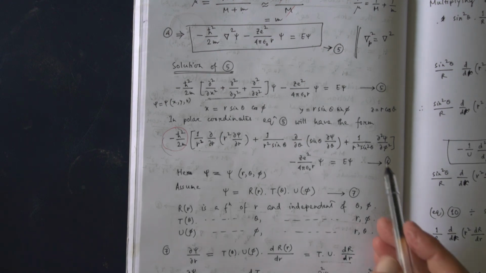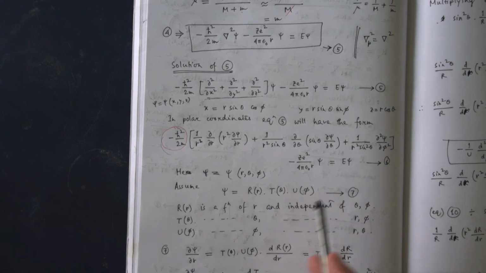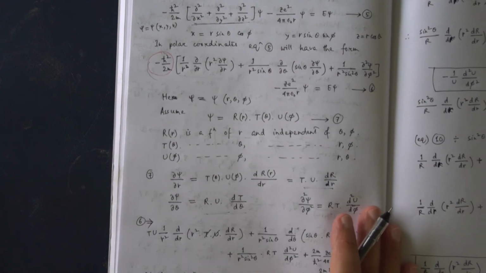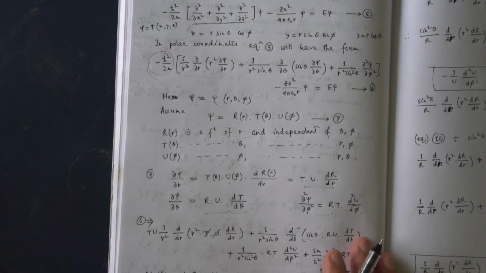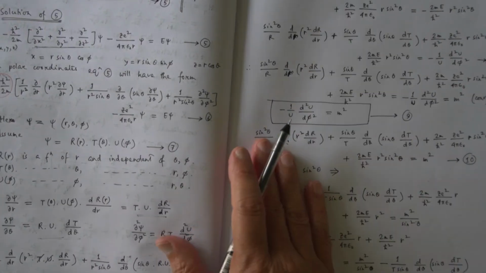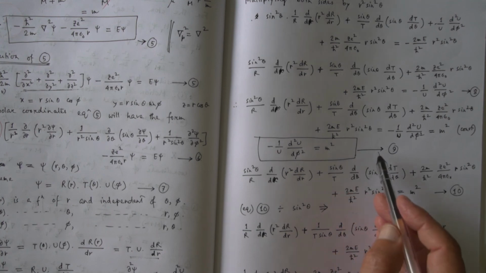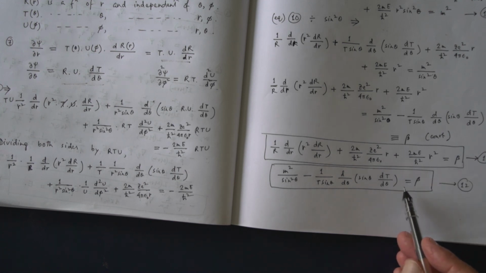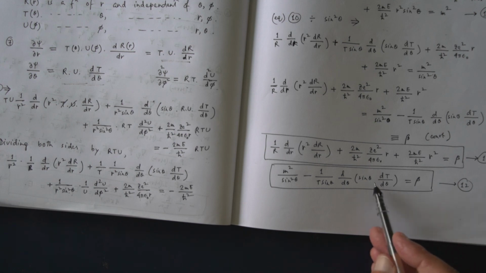That means from one equation, equation 6, we are getting three equations. What are those three equations? This one is where we have only phi, then another is this, where we have only r, and the last one is this, where we have only theta. That means we have separated the three variables.